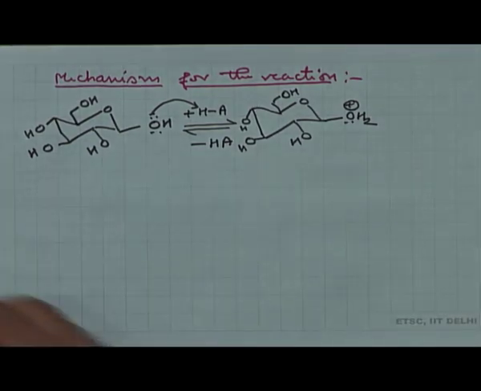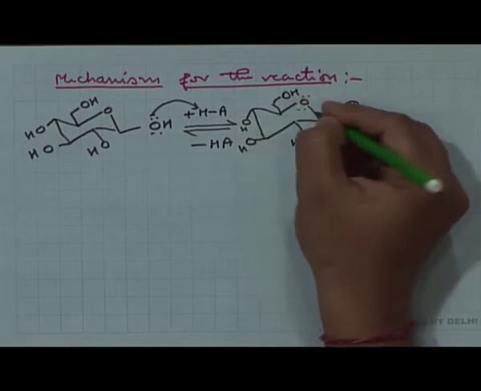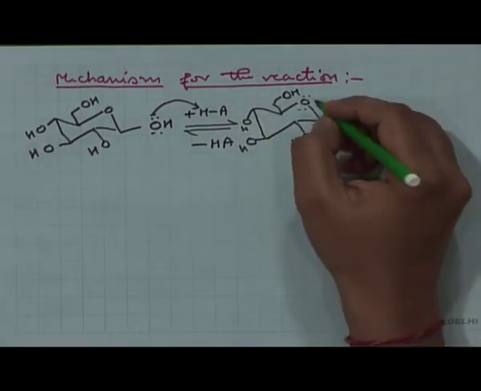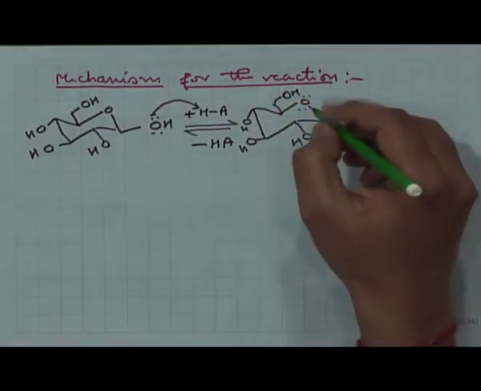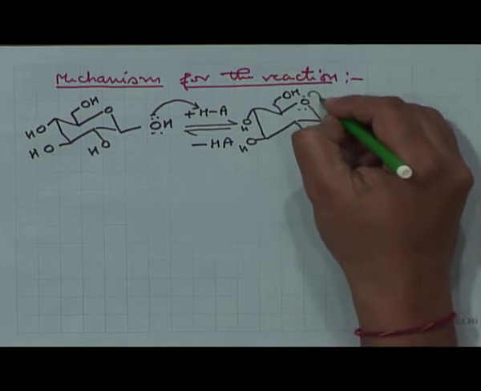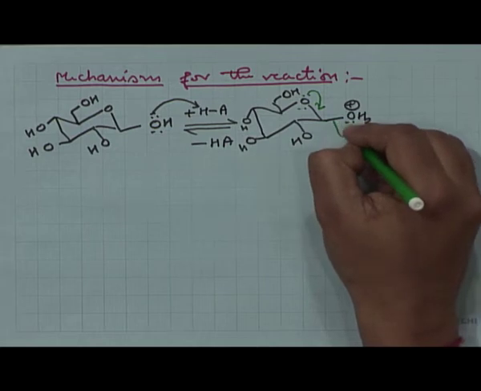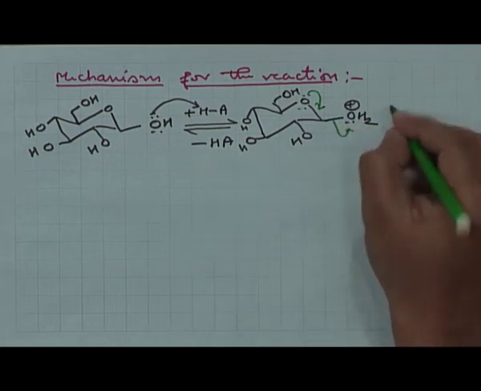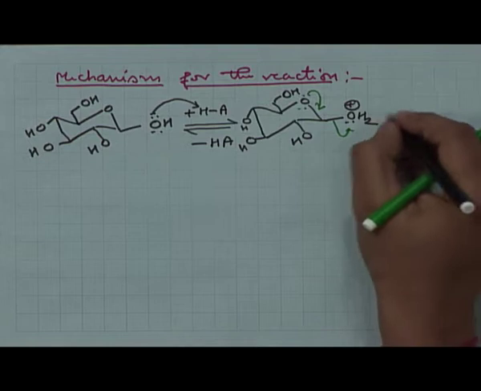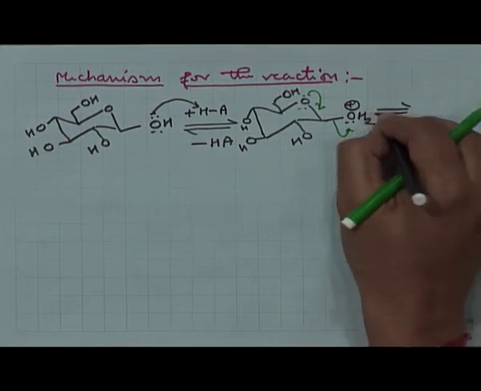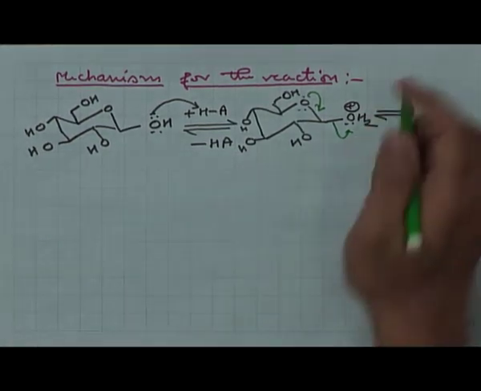Once it attains positive charge, the lone pair of the oxygen of the pyran ring will assist in elimination of this water molecule, and again this second step is also reversible.